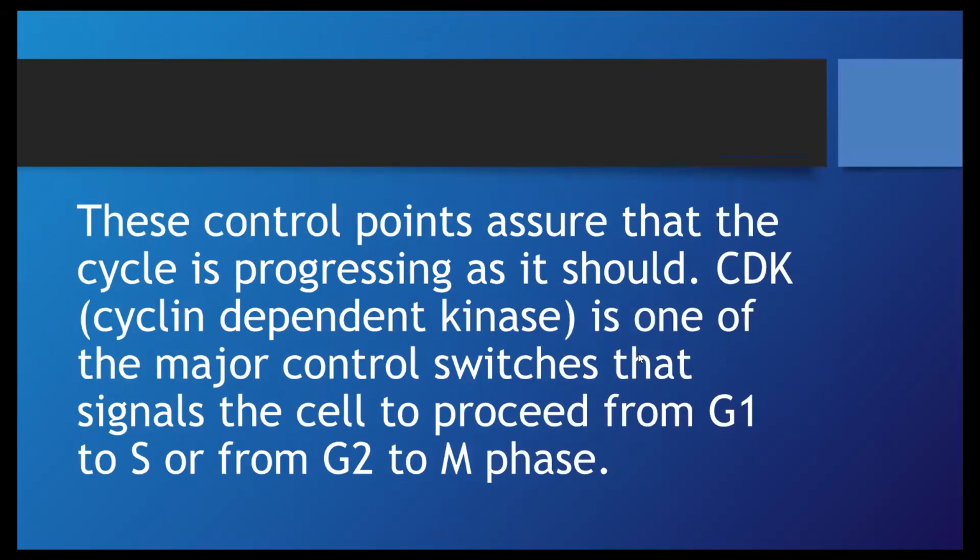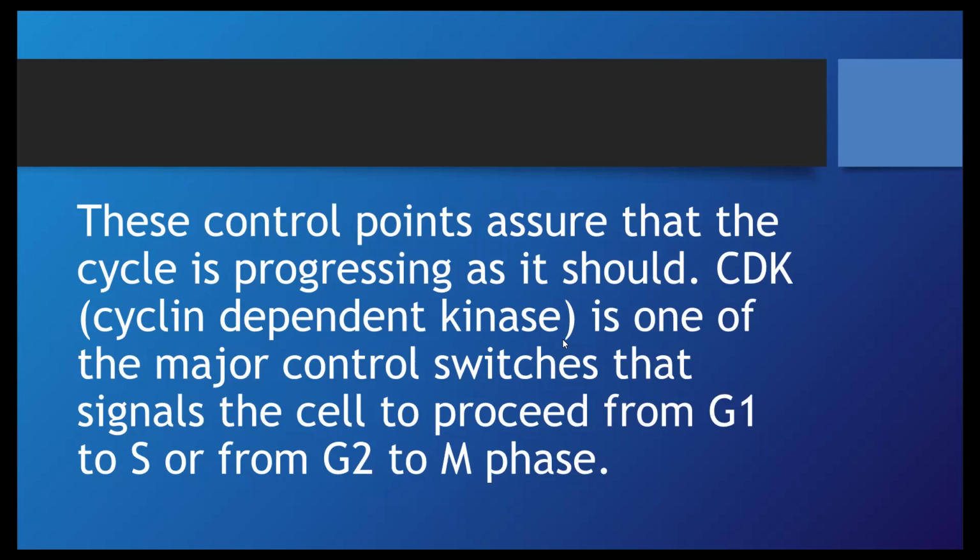Again, going back to the discussion, CDK is an enzyme. When you hear the word kinases, these are enzymes that control the switching of the cell to proceed from G1 to S or G2 to M phase. By the way, G1, S, and G2 are the preparation stage for cell division, because the M phase is the mitotic division or mitotic phase.